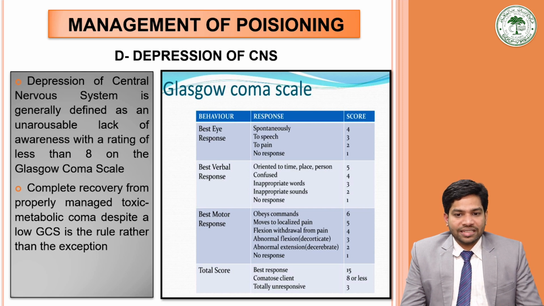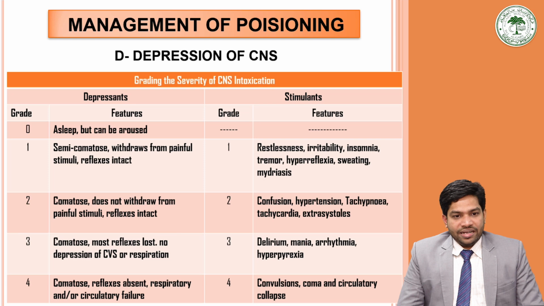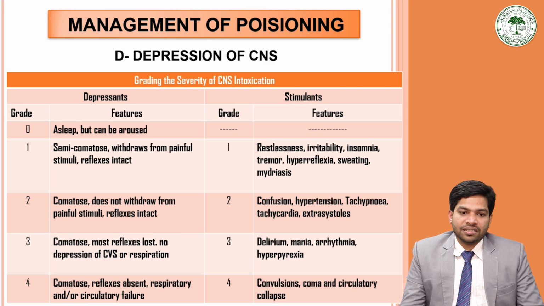Several other scales have been proposed, including the Reaction Level Scale, the Comprehensive Level of Consciousness Scale, the Coma Recovery Scale, the Innsbruck Coma Scale, Reed's classification, and the Matthew Lawson scale, but the predictive value of all these scales remains uncertain. A practical guide that can be easily applied and is quite reliable is mentioned in this table.